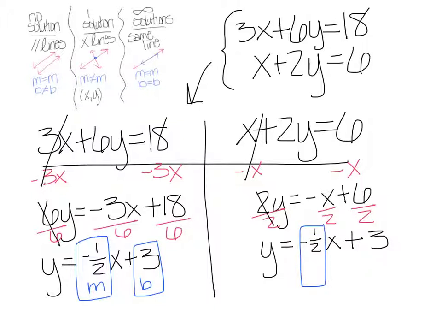So here is the slope, and here is the y-intercept. If we look at these, they have the exact same slope and the same y-intercept. So we have infinite solutions because we're dealing with the same line. So this has, I'm out of space here, but infinite solutions.